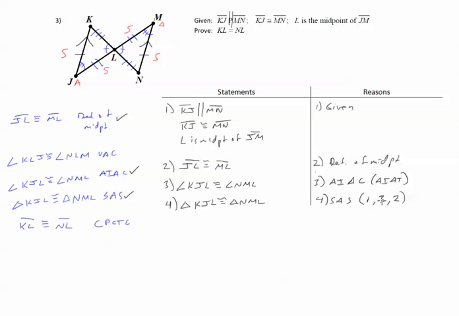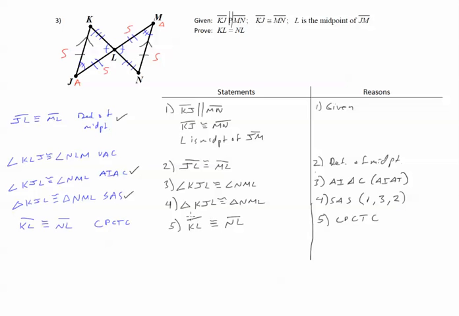So we have side, angle, side from step 1, step 3, and step 2. Once we knew that those triangles were congruent, we could then say that segment KL is congruent to segment NL because corresponding parts of congruent triangles are congruent.